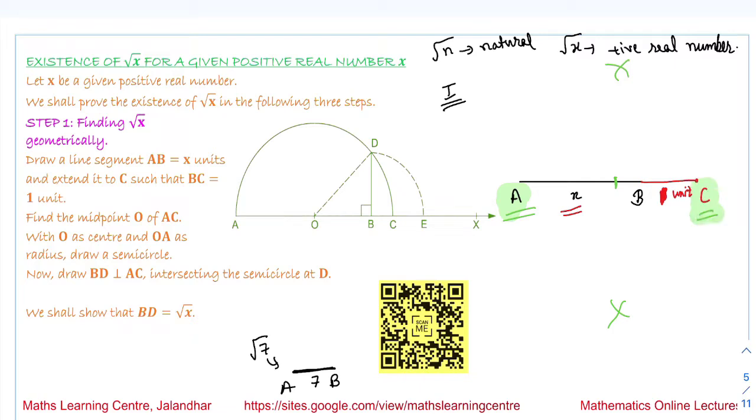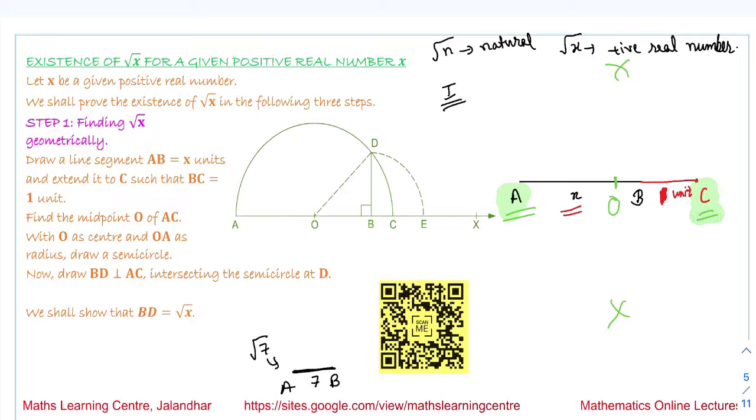We are not finding the midpoint of AB, we are finding the midpoint of AC. We started with line AB, we extended that line to C, and the length of BC is 1 unit. Then we mark a point O, and this is the midpoint of AC.